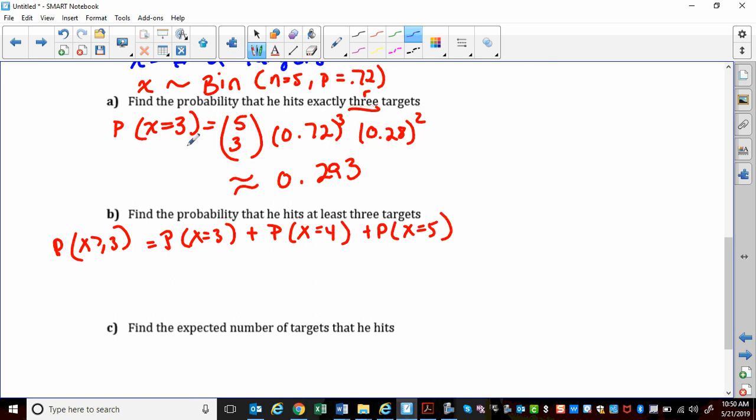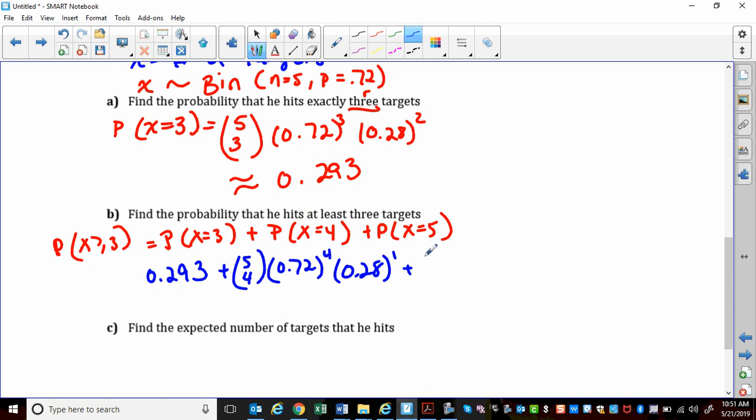I know that the probability that he gets 3 targets is 0.293. And the probability that he gets 4, I'm just going to use my formula. I know that's 5 choose 4, 0.72 is the success to the 4th power, and then 5 minus 4 is 1, so 0.28 is to the 1st power.